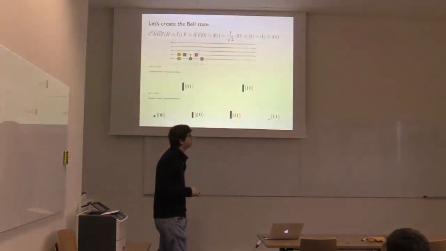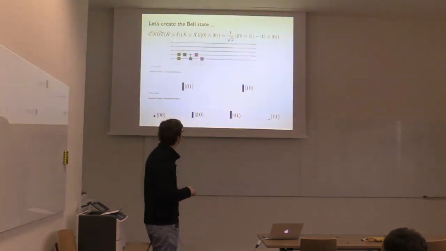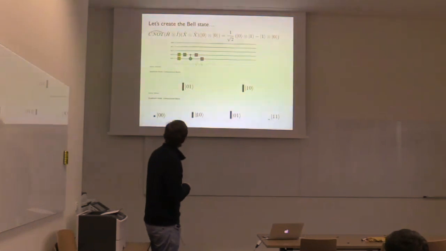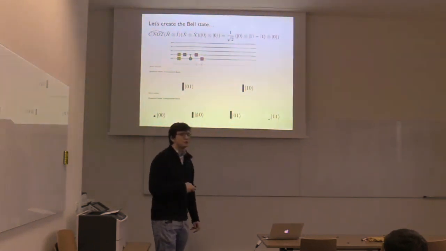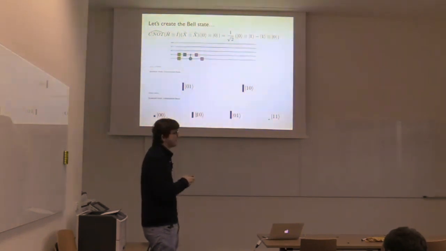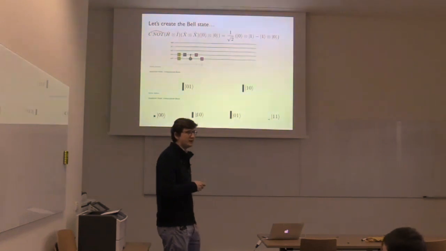A simple thing to do when you log into the IBM website is that you have a panel with 5 lines. It's very similar to composing music. You have some notes which are quantum gates, and you drag and drop the gates.